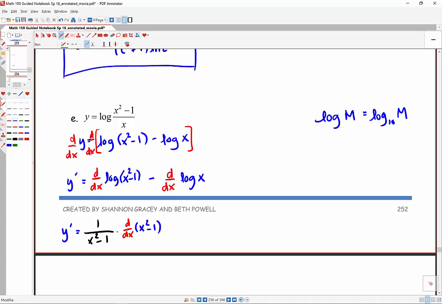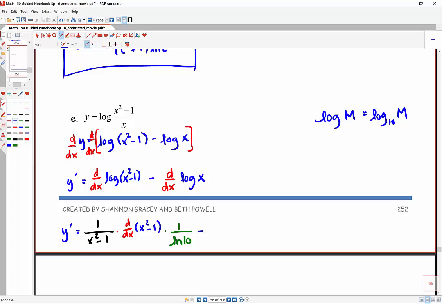Am I missing anything? Good. We need times 1 over natural log of 10. Am I done with the problem? No, that's just the first term, right? So next up we'll have minus, this one's going to be a little simpler because there's no function of x in the log.